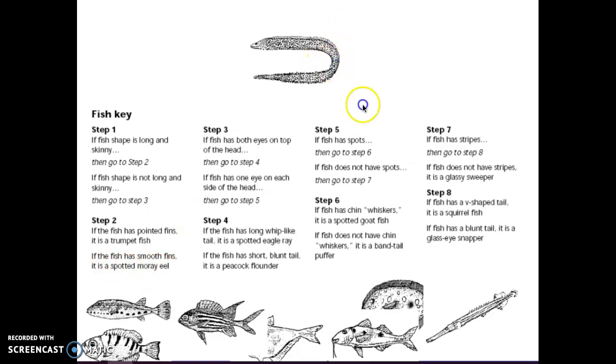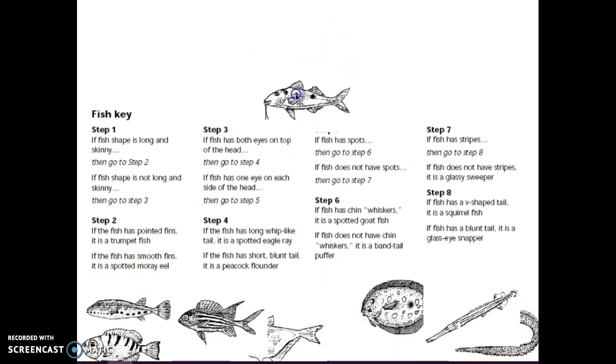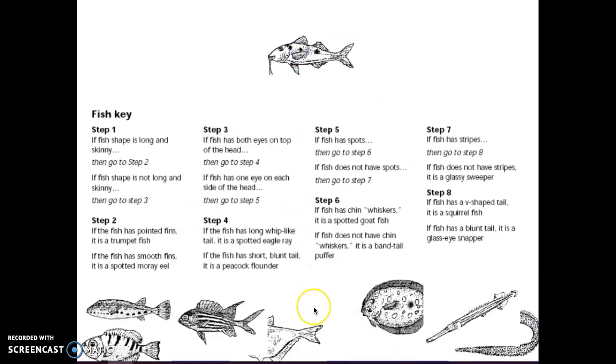All right, so let me try a separate guy here. Let's go with this one. Okay. Is the fish long and skinny, or is the shape not long and skinny? Well, obviously he doesn't look like the eel, so I'm going to go with not long and skinny. So it's telling me to go to step three. So here's step three. Are both eyes on top of his head, or does he have one on each side? Well, I only see one on the side. So that tells me to go to step five.